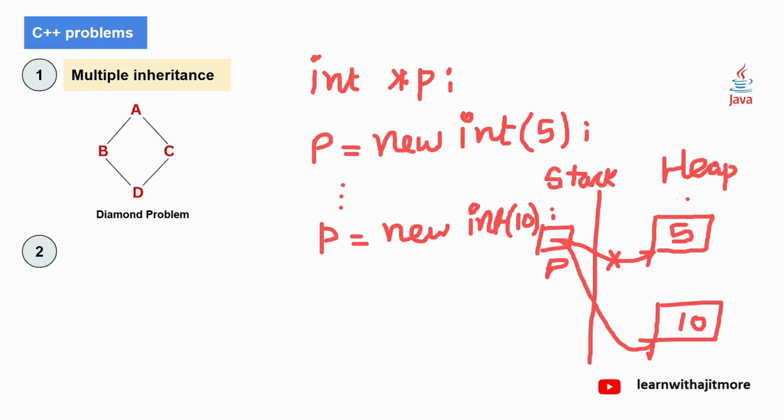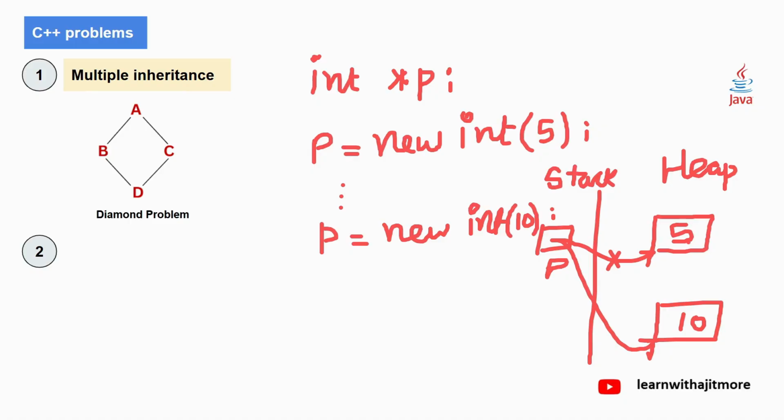Means you have not informed it either. Understanding? Means this memory is neither freed nor accessible. You cannot access it because you have lost the address and you have not told the OS that I don't need this memory, you take it, you can reallocate to someone else.